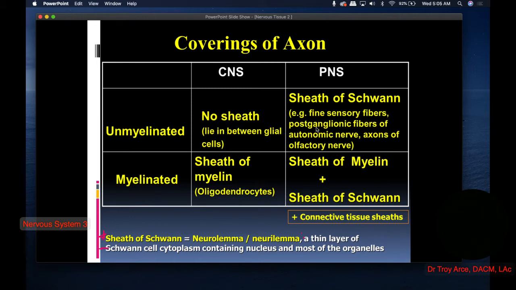And that's what you need to know about that. Just know that what's important about this slide is the sheath of Schwann, and that going back to the central nervous system, the sheath of myelin within the central nervous system is oligodendrocytes.